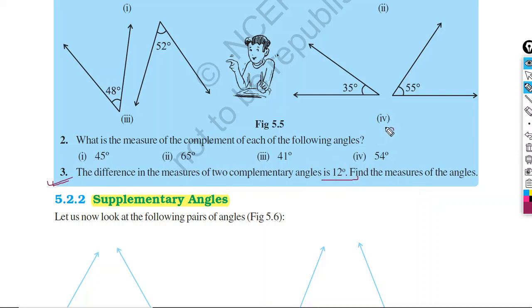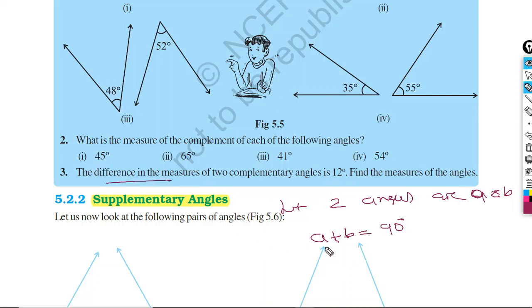So let the two angles be A and B. Now we know A plus B is equal to 90 degrees. Here the difference of the measure of two angles, that means A minus B, is given. A minus B is 12. Now we have to find A and B.